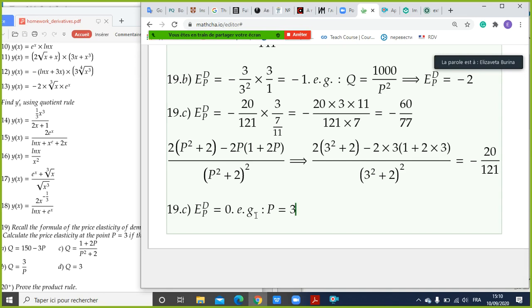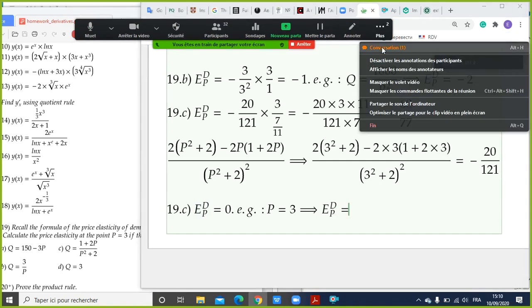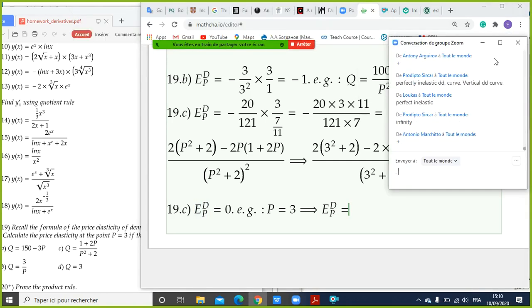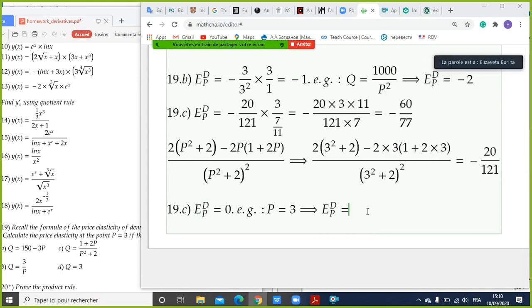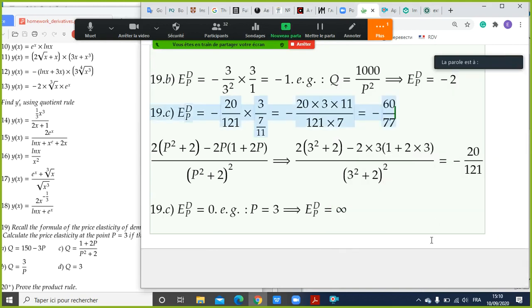It's 3. And in here, tell me the price elasticity of this demand function. That will be infinity. Cool.